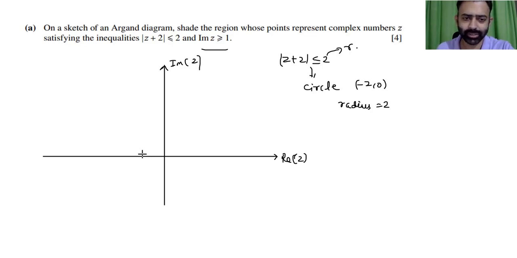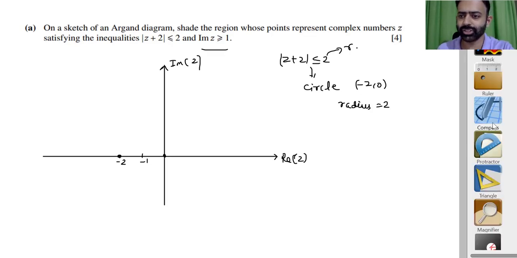So let us say this is minus 1, this is minus 2, and this is your origin. So basically this is my center of the circle. What I have to do is sketch a circle.